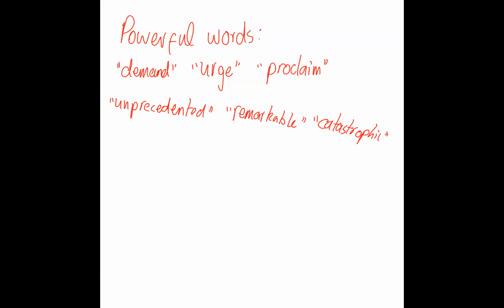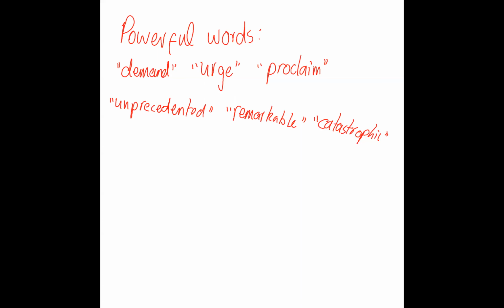Now, unprecedented simply means this has never happened before. So something is happening for the first time ever, or something that you've never seen before. This is unprecedented. It can be used in a good way and a bad way. So it can be used to describe good things that are happening and bad things.